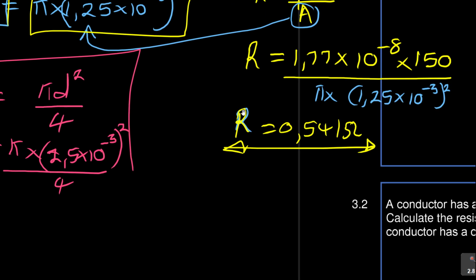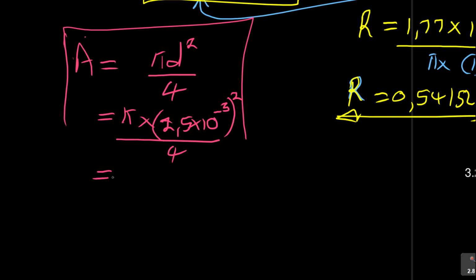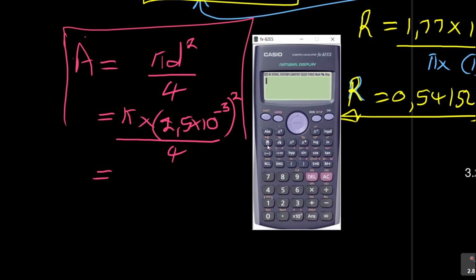This is what you will put here where there is that r. Or you can first find your answer here. Let's do that and say fraction pi times, and then you've got 2,5 times 10 to the power of negative 3, and then it's squared, and then you divide that by 4.